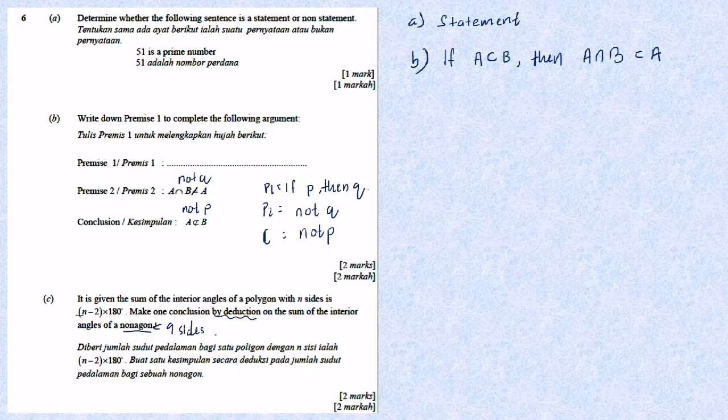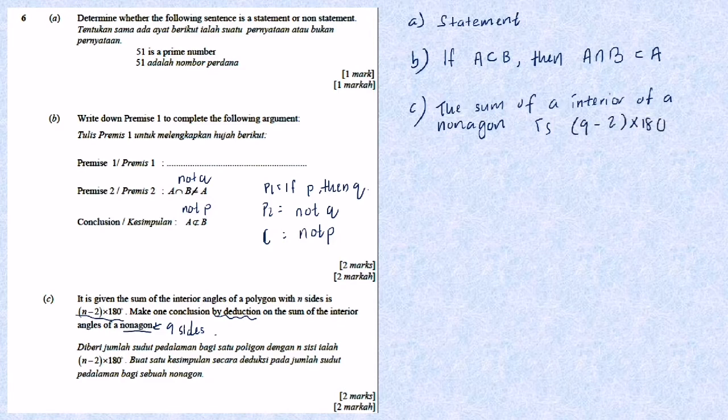Given the formula, we just substitute into the formula and we write like this. The sum of the interior angles of a nonagon is, okay, you substitute n equals 9. So 9 minus 2 times 180 degrees equals 1260.